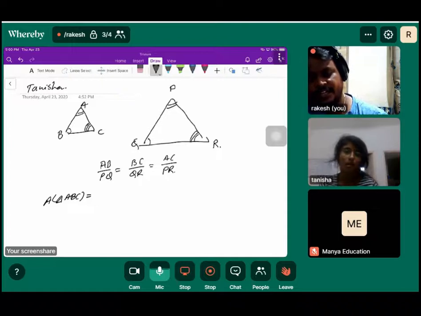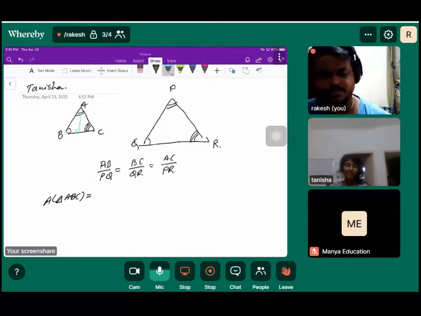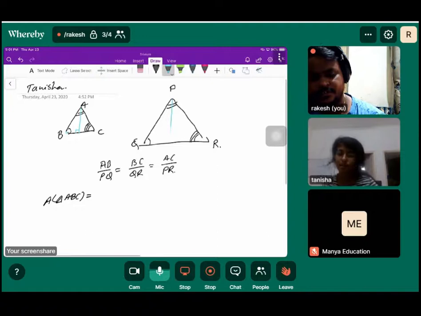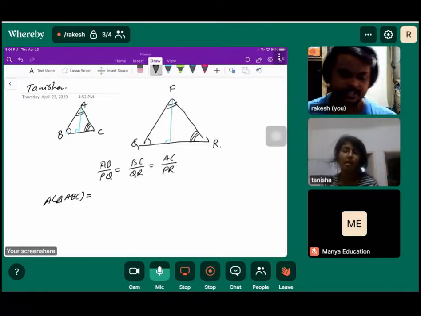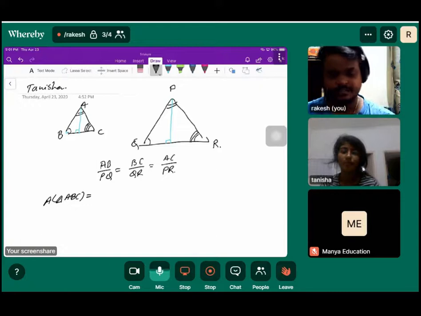We need height, right? I'm just explaining you the concept here. If I give you height, that is an advantage to figure out the area of triangles, right?